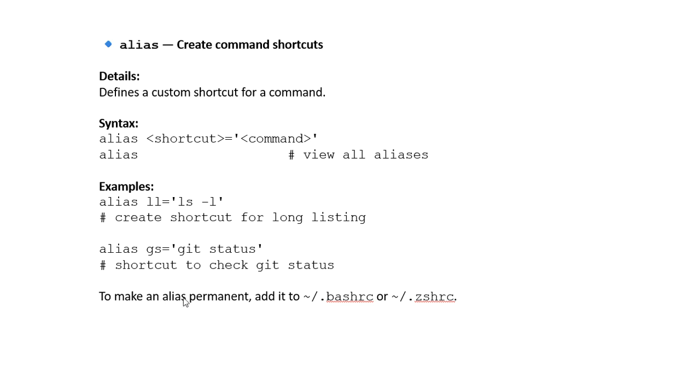To make the alias permanent, add it to the hidden file tilde slash dot bashrc or the hidden file tilde slash dot zshrc.